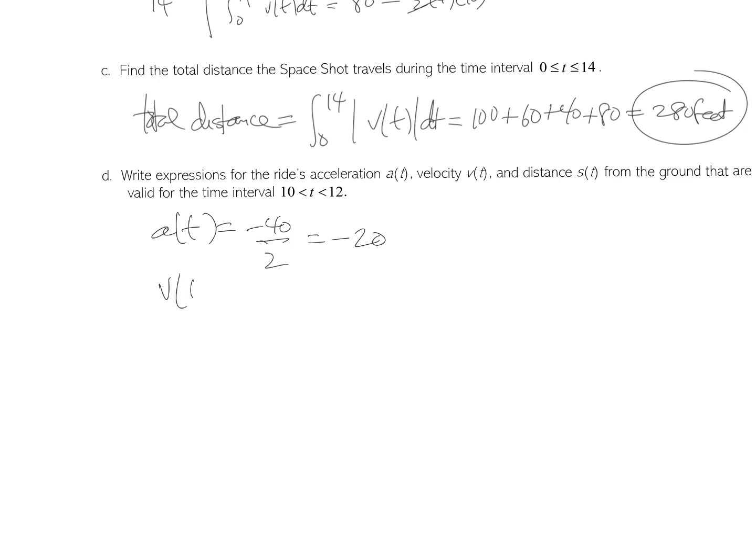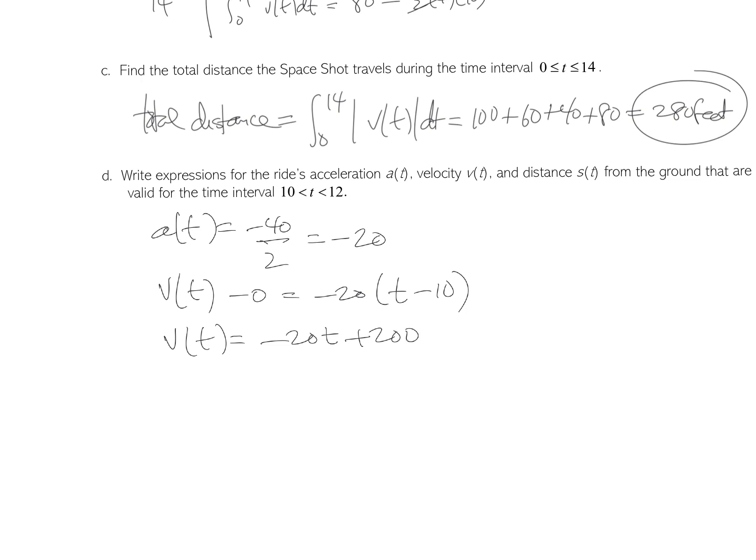My v of t minus 0 is equal to minus 20 times t minus 10. So v of t is going to be minus 20t plus 200.